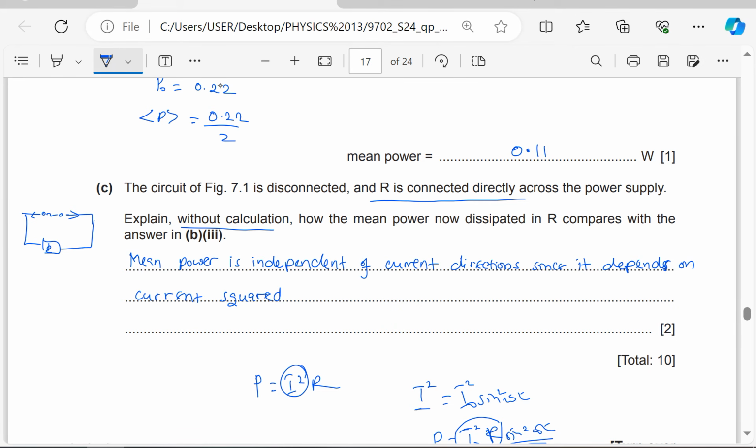Since it depends on the current squared, the mean power will be the same, or you can say unchanged.